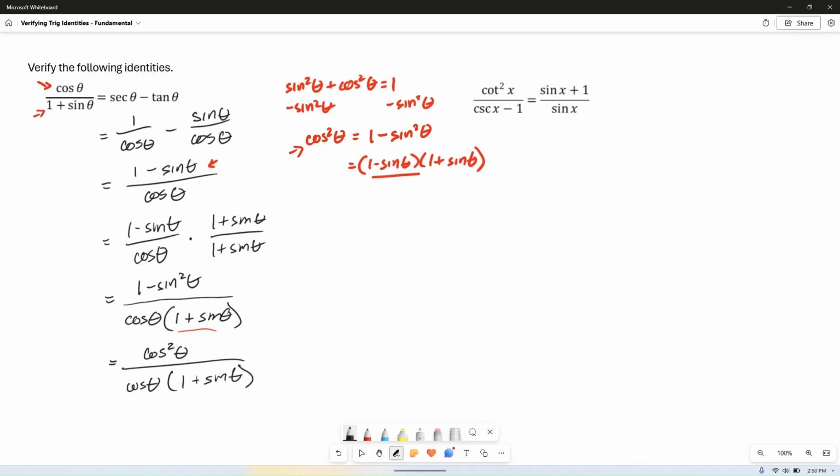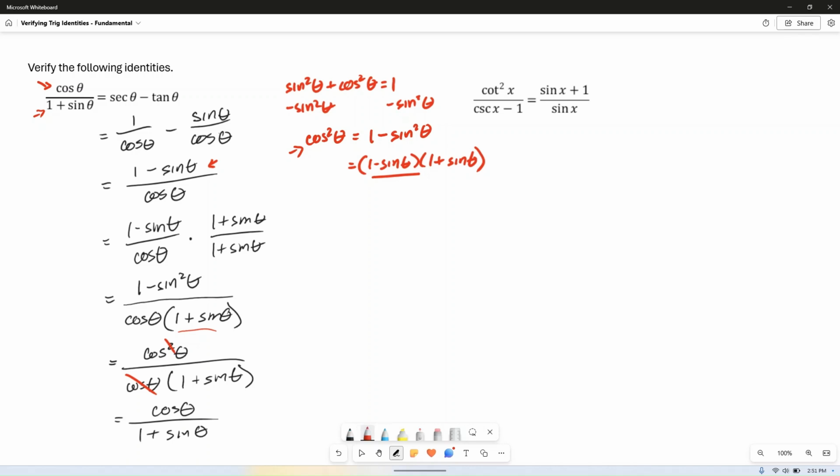So what algebra can we do? In the numerator, I have a cosine squared, which is cosine times cosine. In the denominator, I have another cosine. So one of the cosines out of the cosine squared is going to cancel with the cosine in the denominator. And that's going to leave me with cosine of theta in the numerator divided by 1 plus sine of theta in the denominator.